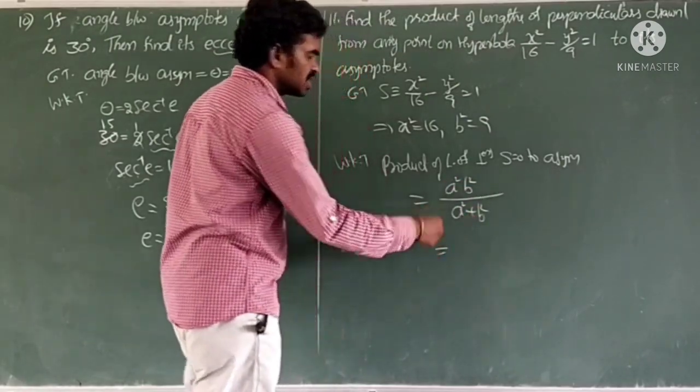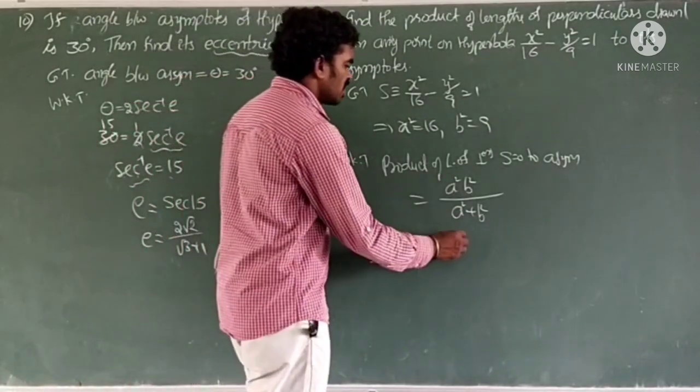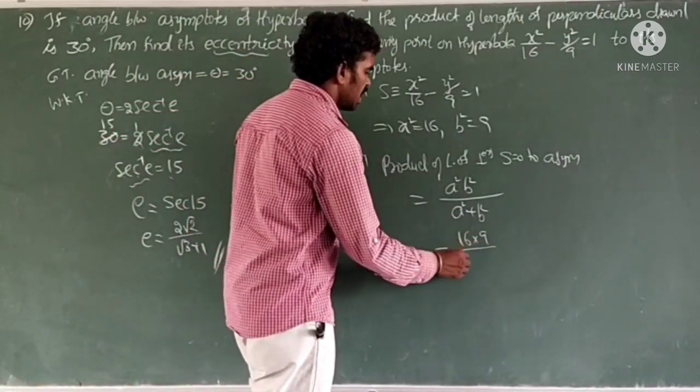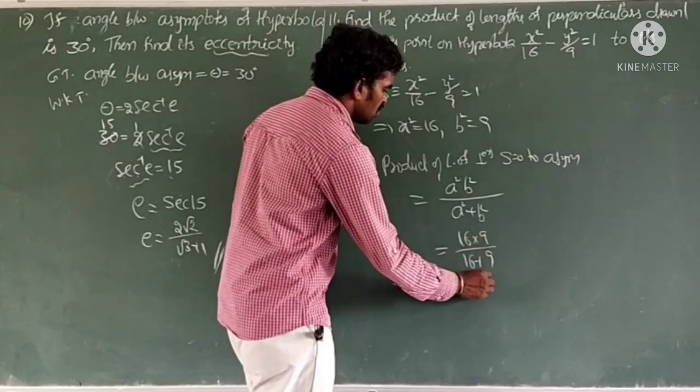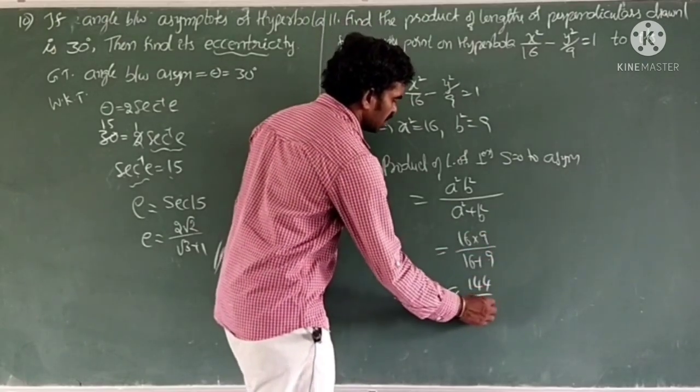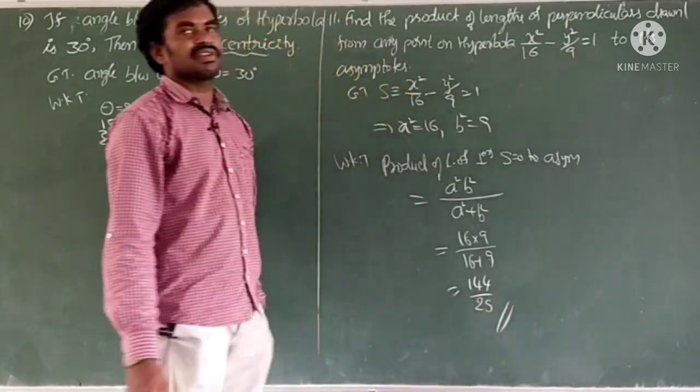Just write down the formula and substitute in that, we can get the answer. A square means 16 into b square means 9 by a square means 16 plus b square is 9. So 16 9s are 144 by 16 plus 9, 25. So that's it. This is the answer of the given question.